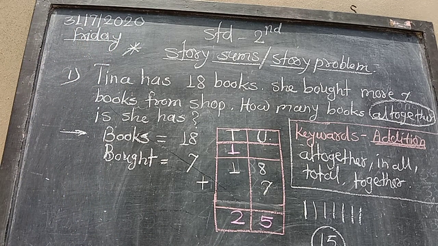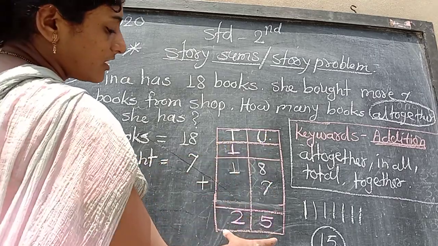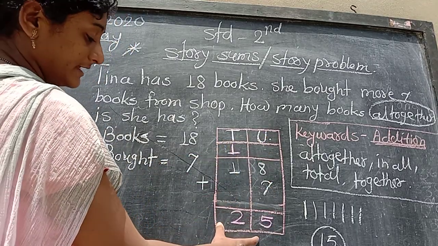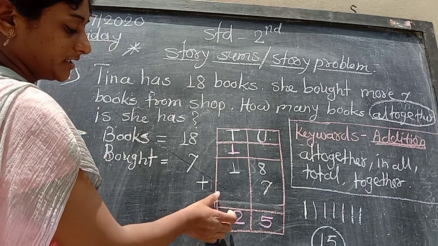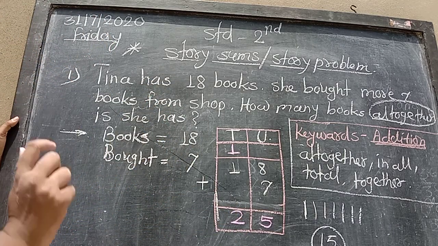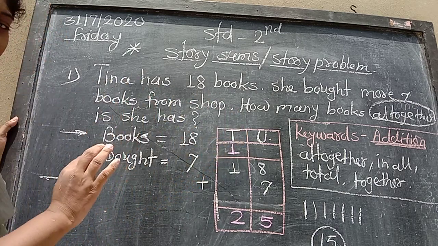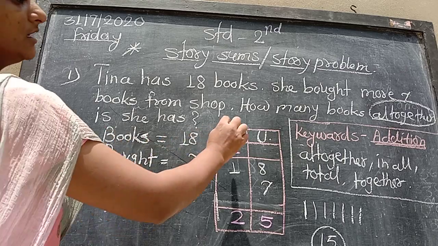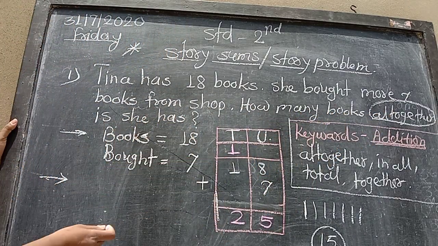25. So you can write the final answer in a sentence. How to write in a sentence? Students, don't write only the number. Suppose you have solved the example correctly in the exam, but you will not get full marks, you will get half a mark. So you must write a full sentence. The question is: how many books altogether does she have? Replace the word how many with the answer, 25.